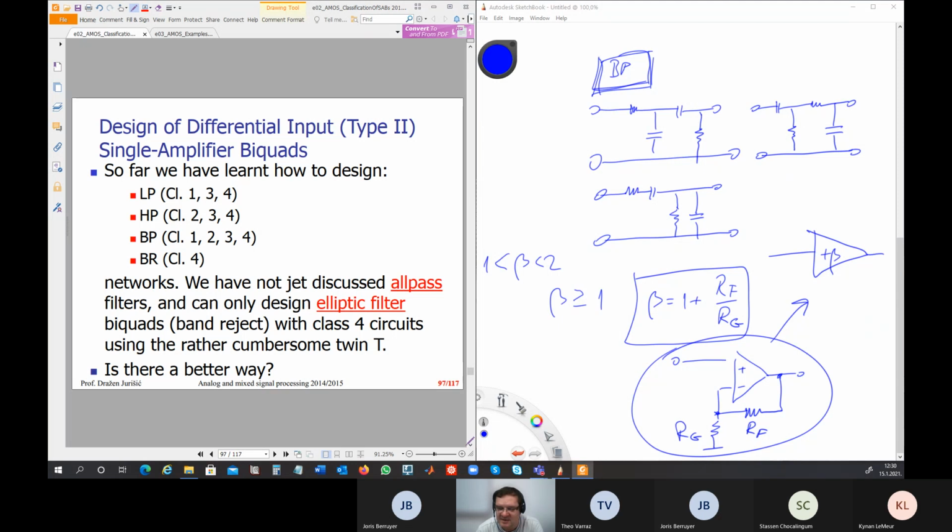The better way is to use differential input. Till now we had only single input, but single or double feedback. But now we can also apply differential input, and then you will see that we have more possibilities.